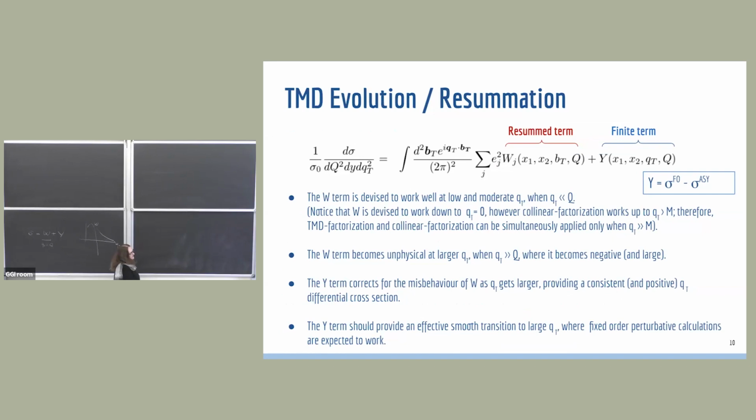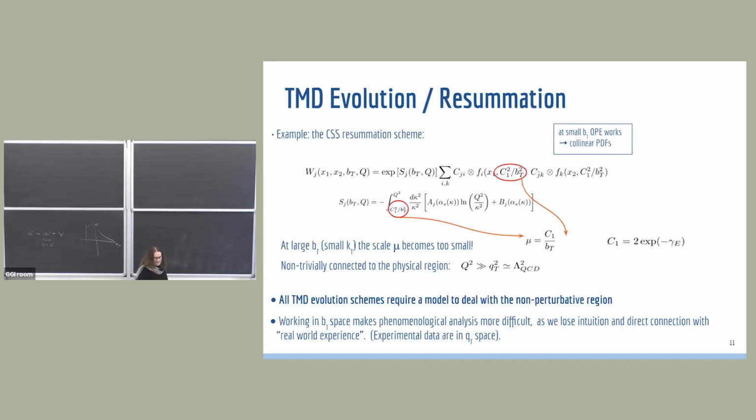The W term becomes unphysical at larger Qt, when Qt is equal or larger than Q, but the Y term should correct for the misbehavior of W. I say should because, as you will see, the matching is a very complicated procedure which most of the time doesn't work. Now, let's try to understand why it doesn't work and why it's so difficult.